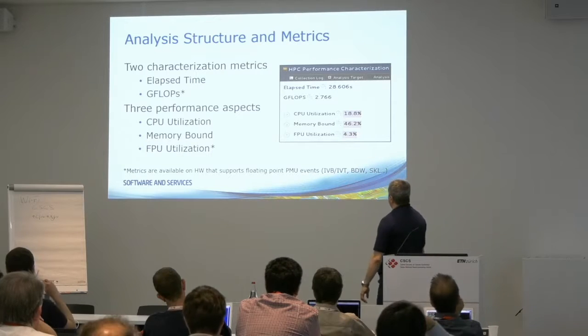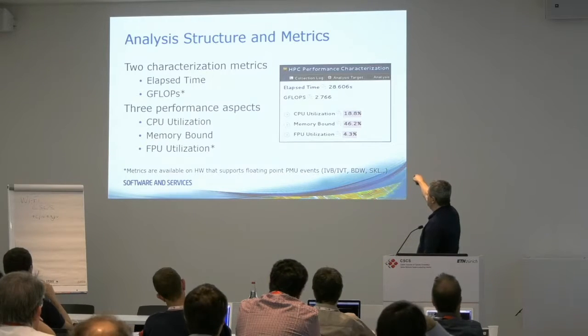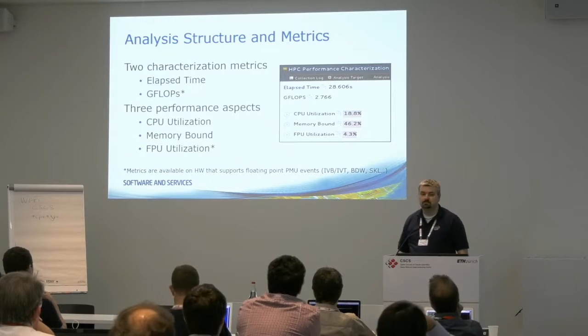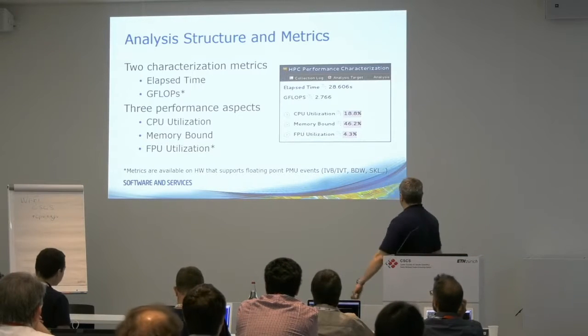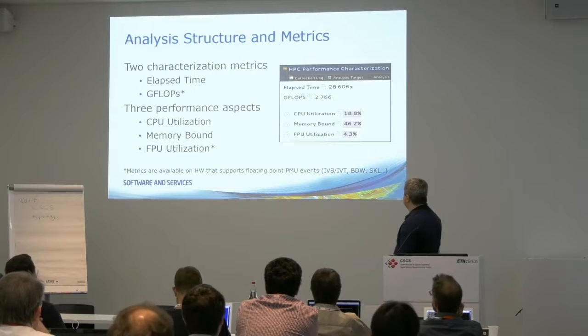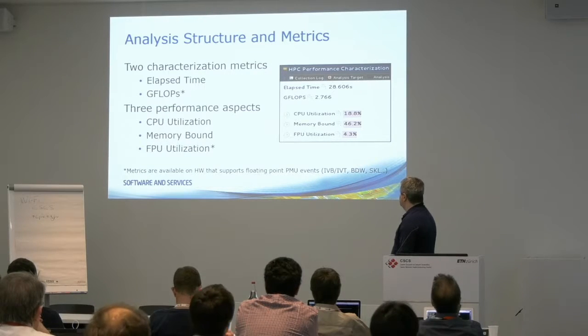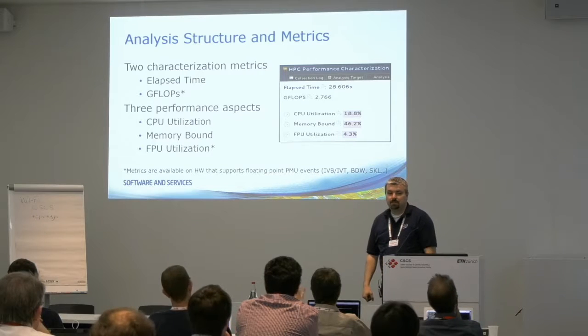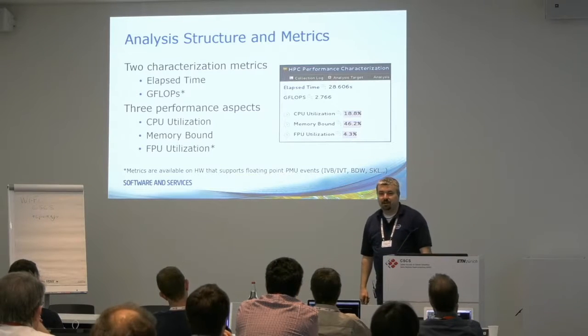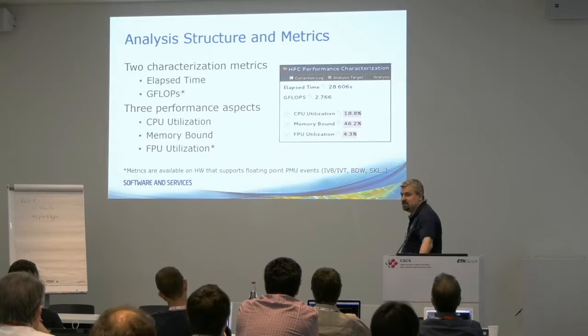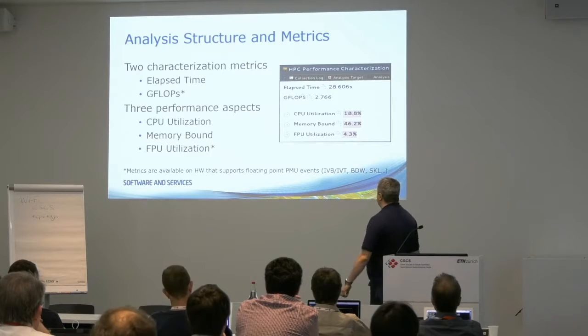Okay, this looks like this. So how do you like this code? 20% CPU utilization, 50% memory bound, FPU utilization 4%. Sounds like the typical sparse code, right? Like a CFD solution on a sparse grid.